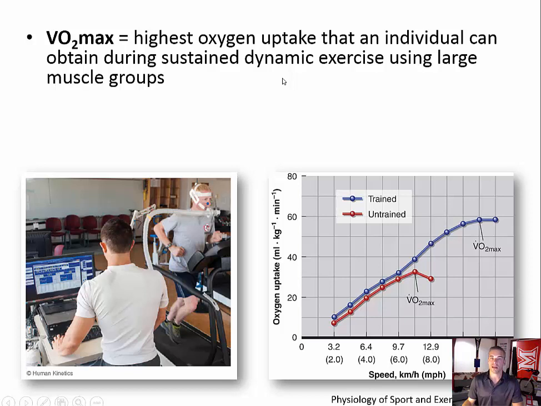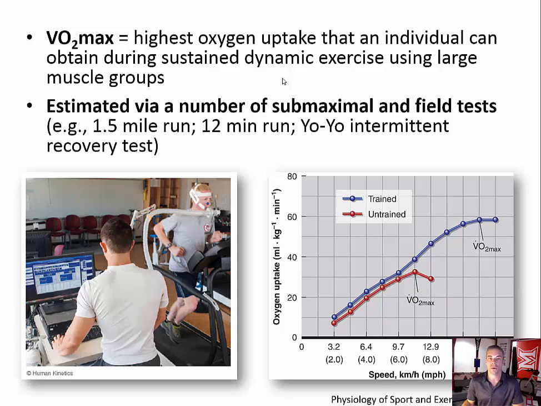Now, it's not common for everyone to have a metabolic cart. These are very expensive and primarily dedicated to laboratory use. Therefore, a person's aerobic power, aerobic capacity can be estimated via a number of submaximal as well as field tests. So these are performed outside the laboratory typically.